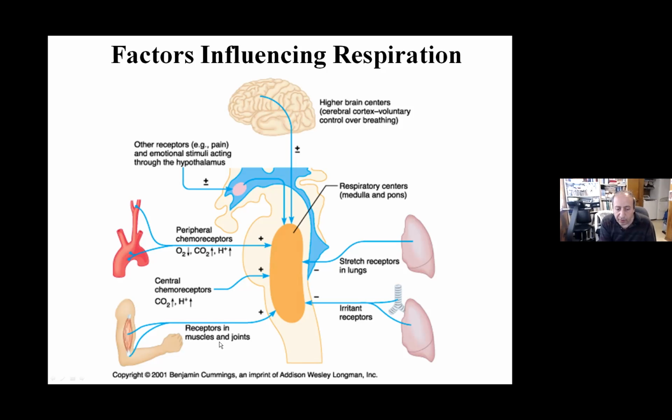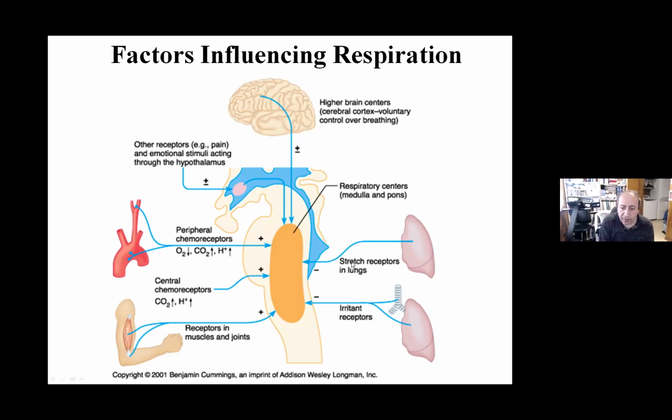Then there are receptors in the muscles and joints. You probably notice that whenever you start running, you immediately increase your breathing rate, and this is because some sensory information is sent to the respiratory center to increase breathing rate to accommodate the level of physical activity.